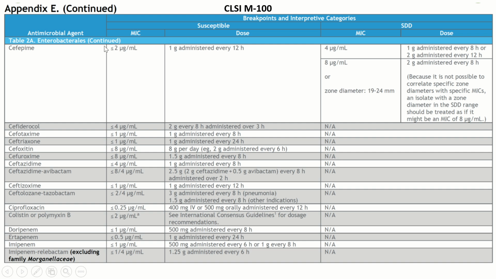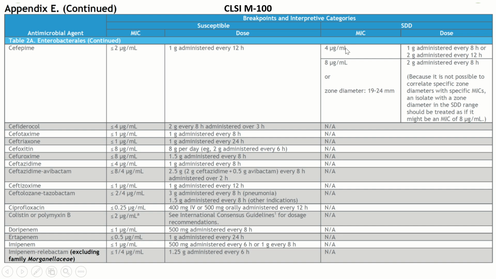But what if the MIC value is increased from 2 to 4? Then you'll have to give 1 gram every 8 hourly instead of 12 hourly, or we have to give 2 gram every 12 hourly. So you're doubling the dose, keeping the frequency same, or you are increasing the frequency, keeping the dose same.